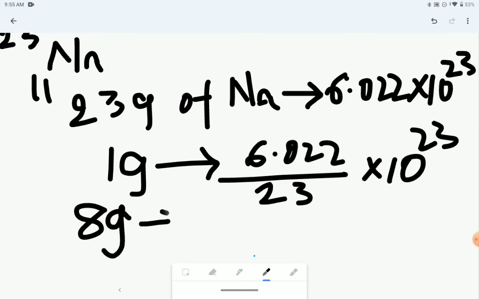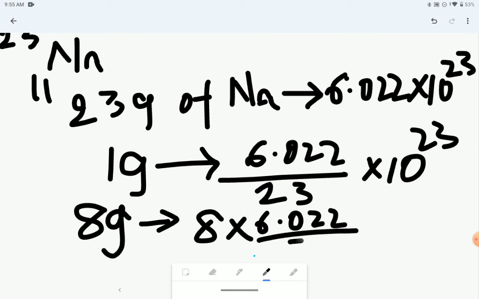So in the question we were asked about 8 grams of sodium. In 8 grams of sodium, there are 8 into 6.022 by 23 into 10 to the power of 23. Actually here in the question it was asked to find the nearest integer and put in the value of x.